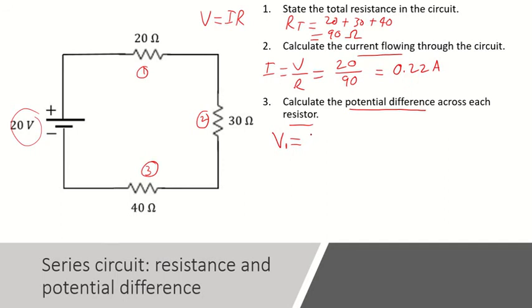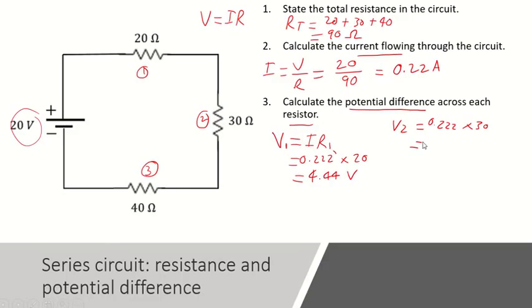So it's going to be I times R. So it's going to be 0.222 recurring multiplied by 20 ohms. So 0.222 recurring times 20 will give us 4.44. And that's in volts. So 4.44 volts across that one. The voltage drop across our second resistor again will be 0.222 multiplied by 30.